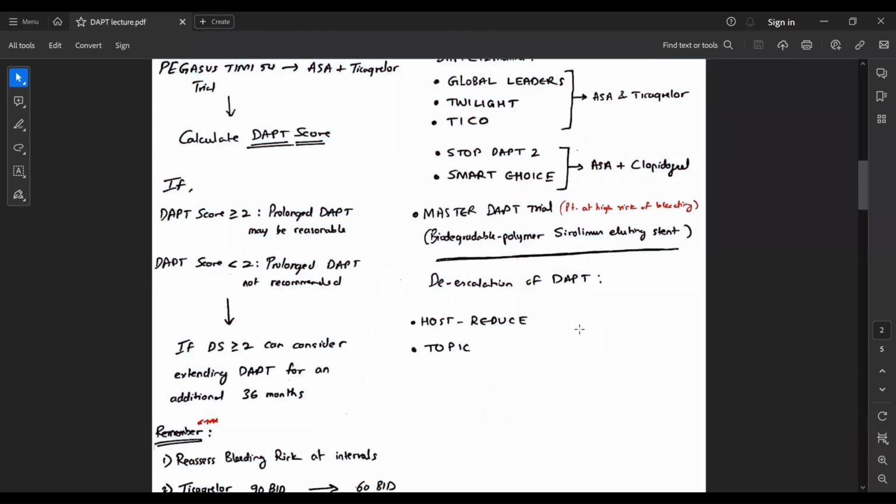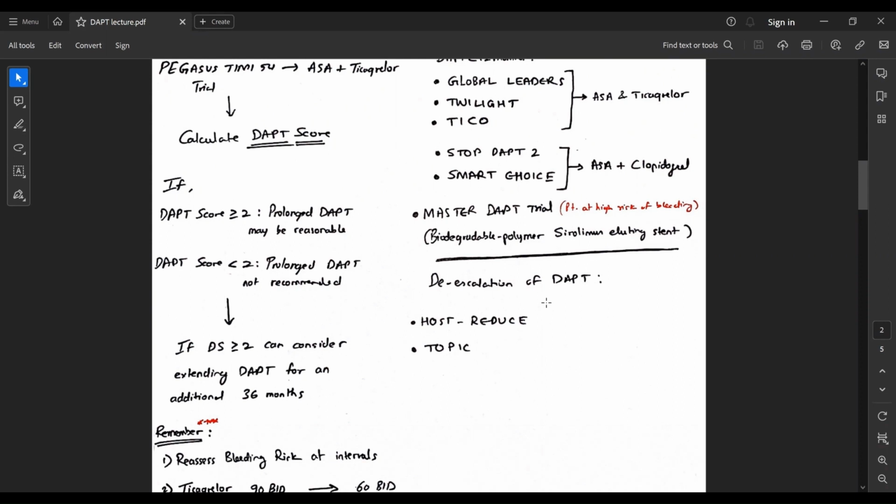Now, one of the important inclusion criteria in this trial is that all the patients received a biodegradable polymer sirolimus-eluting stent. They compared 2 arms, with one of them including DAPT for 1 month, followed by single antiplatelet therapy, and the other one with the standard DAPT therapy.